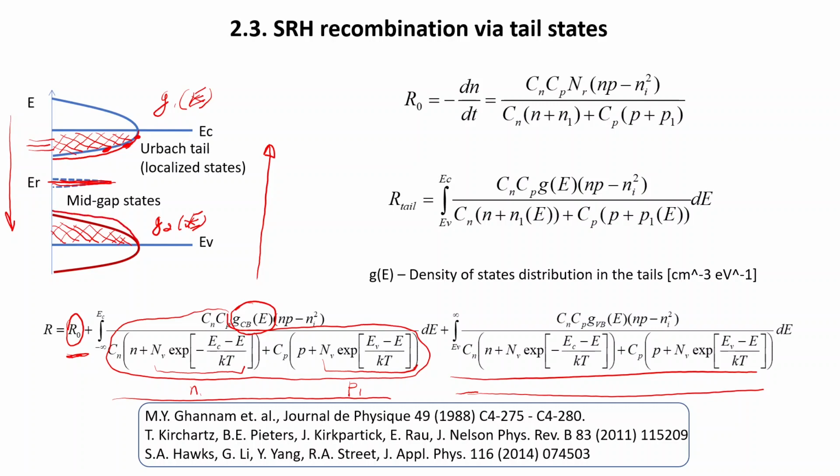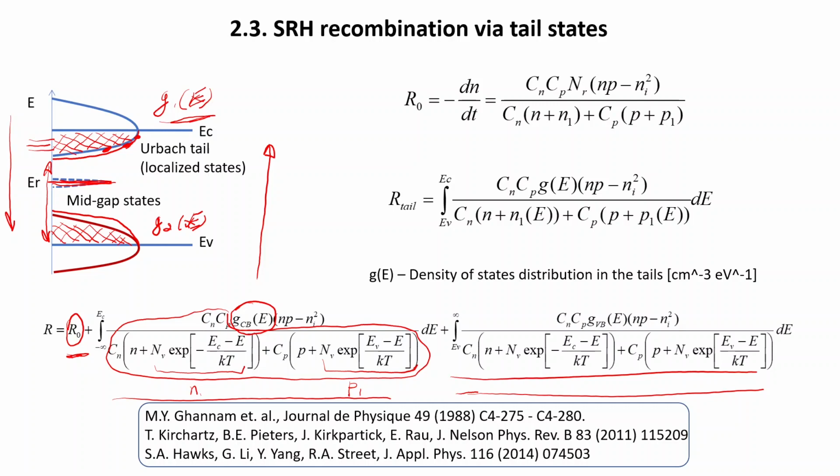And let's say some other function for the tail distribution here, as a function of energy E. Then when we integrate the first time, from minus infinity to EC, for the first function G1, we don't have any tails here. The tail stays here. So G1(E) will be equal to 0, and we don't have any contribution to the integral.